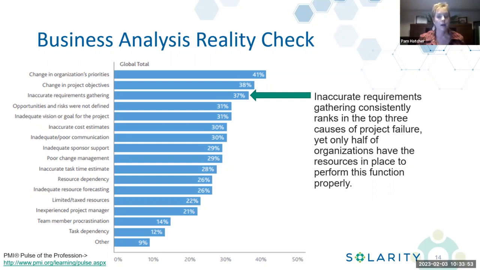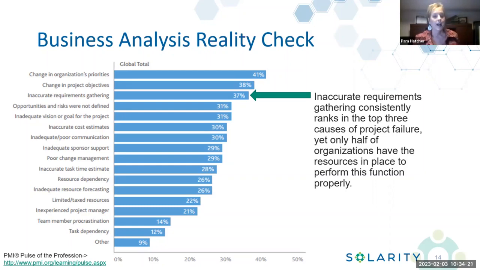And what has happened, the most recent survey shows that 37% of projects have inaccurate requirements gathering. What that means is inaccurate requirements gathering consistently ranks in the top three every year they do this, and it's among the top three causes of project failure.